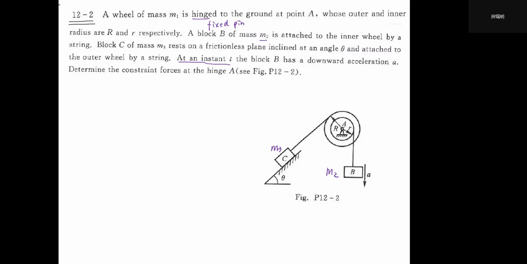Since this is the wheel with the bigger radius and little radius, it will have the same omega and the same acceleration alpha, because this one and this one are fixed together, so they always rotate together.